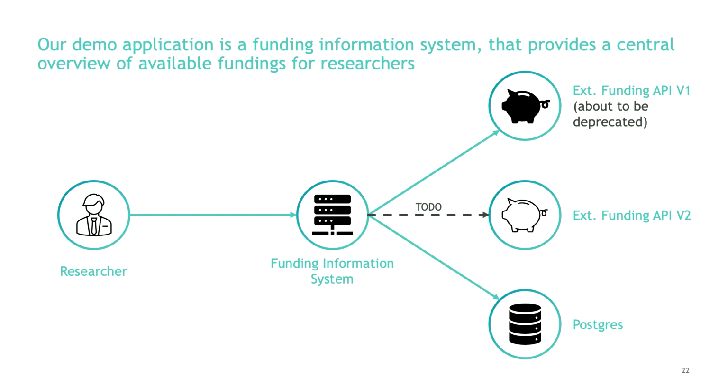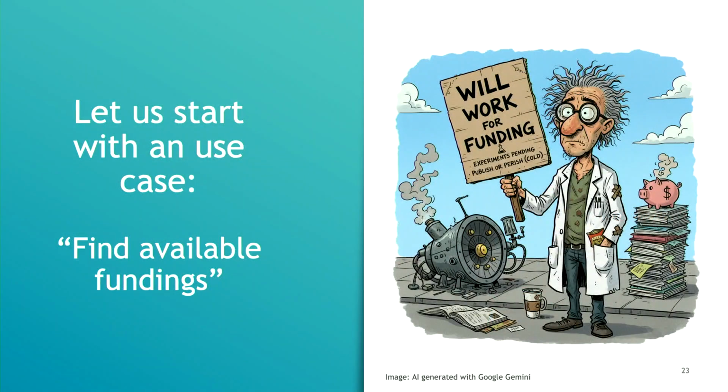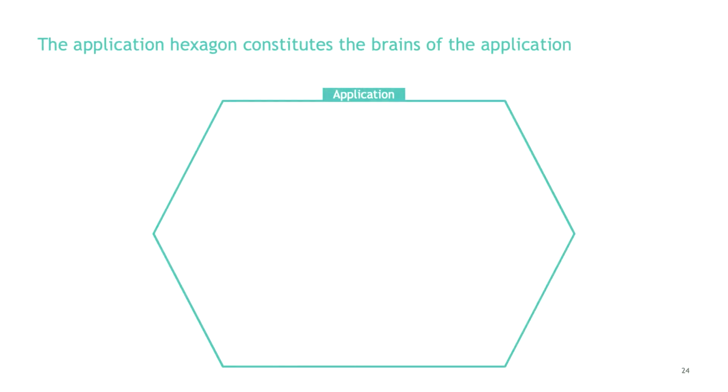And moving everything to hexagonal architecture, so let's start with a use case first. Our poor researcher wants to find information about available funding. And the way that you can then design your application in a hexagonal way is to start with the application hexagon.